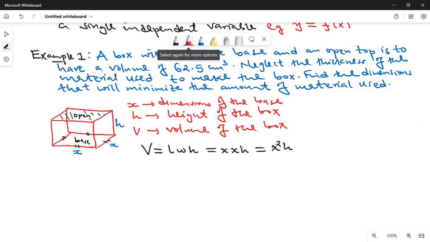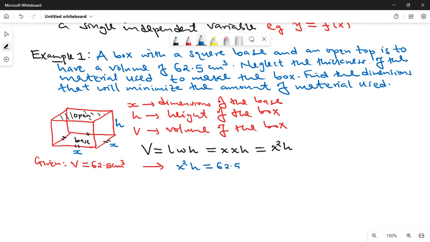So we are saying that given that volume should be equal to 62.5 centimeters cubed, it means that x squared h should be equal to 62.5, which means further that you can make h the subject. It is equal to 62.5 over x squared. That one we now have.